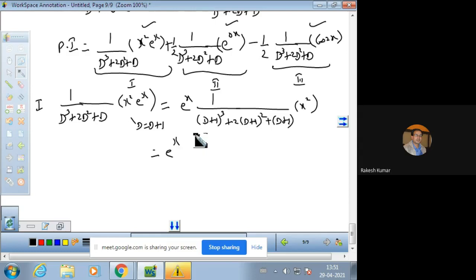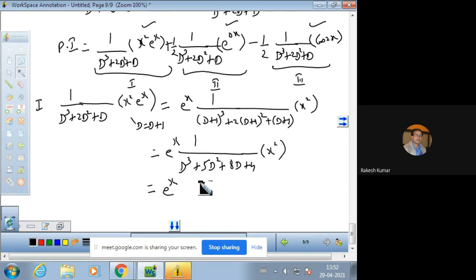After solving a little, opening the cube formula, you will have d cube plus 5d square plus 8d plus 4 into x square. Now this is a polynomial term with degree 2. So we know that for the polynomial term, we need to apply the binomial.